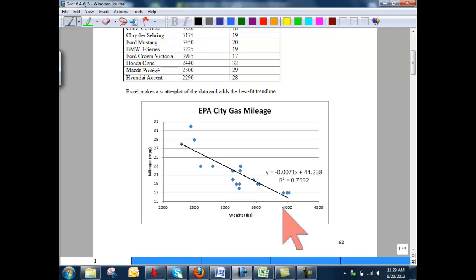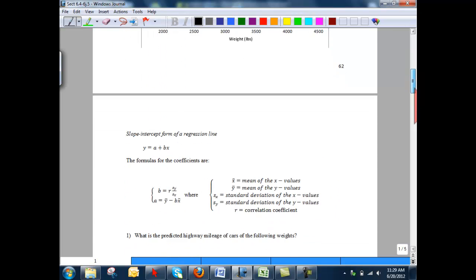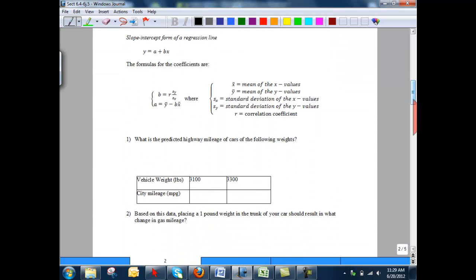And the regression equation and the R². Okay, let's first briefly talk about where that comes from. You don't want to do these computations by hand. Again, if the regression equation is of the form a plus bx, the slope is b in this notation and the y-intercept is a.